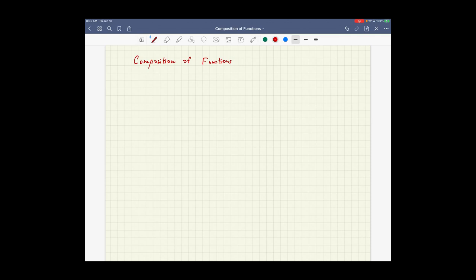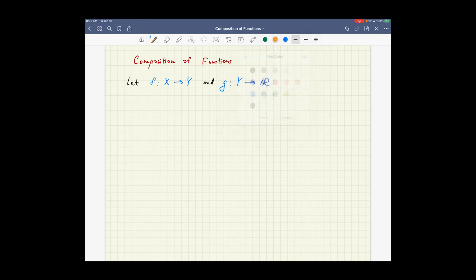So let's say we have two functions, f and g, and let's say f is defined on domain X and the codomain is Y, and g is defined on domain Y, which is simultaneously the codomain of f. And the codomain of g is, say, the entire real line.